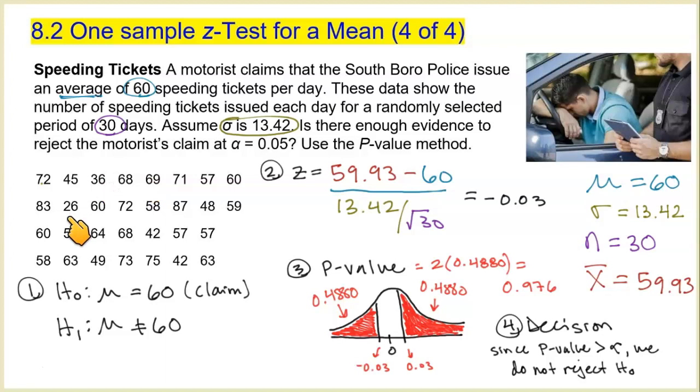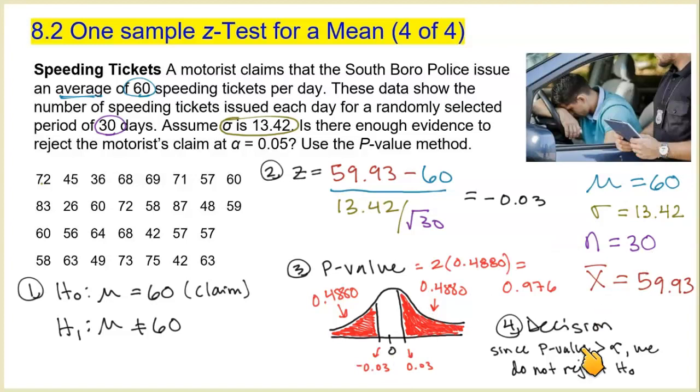So there's a 97% chance that we're going to continue to see these kind of results, which are more or less not much different than the 60, right? It's relatively close, right? Because the z-score is so close to 0, and a z-score of 0 represents 60.